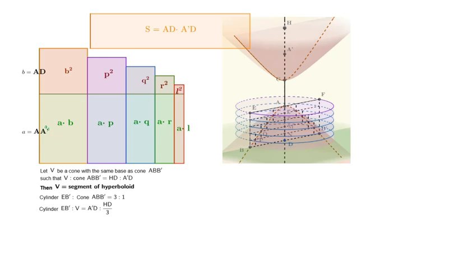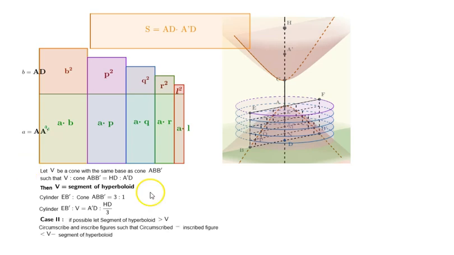Now let's look at the second case. If possible, let segment of hyperboloid be greater than V. So now we circumscribe and inscribe figures such that the circumscribed figure minus the inscribed figure is less than V minus segment of hyperboloid.